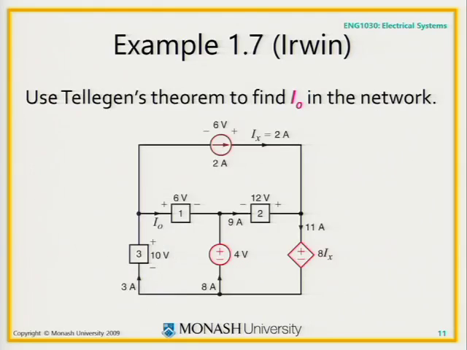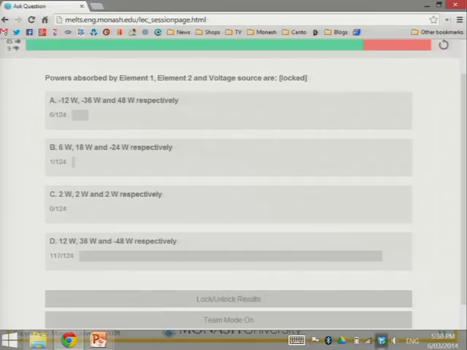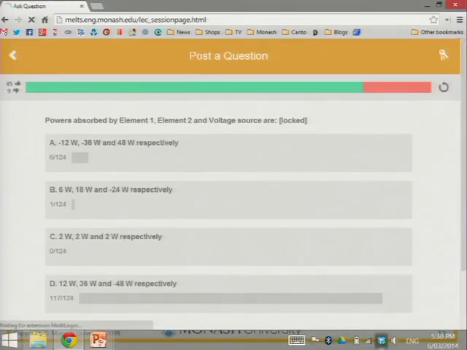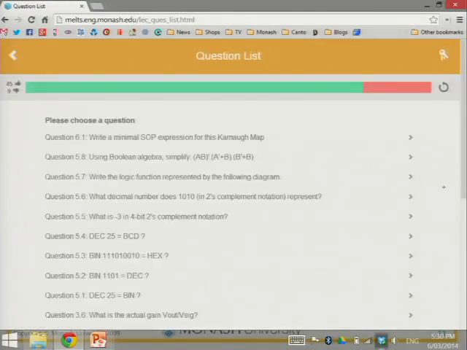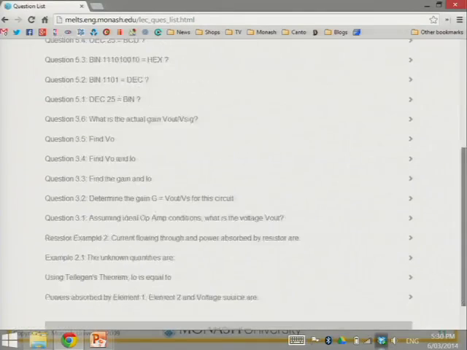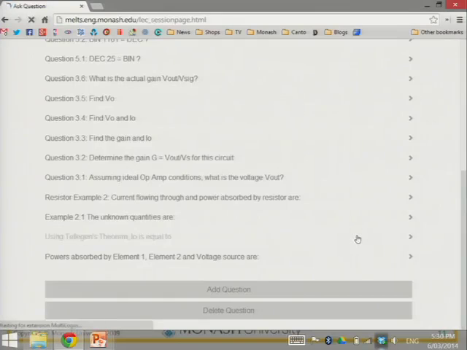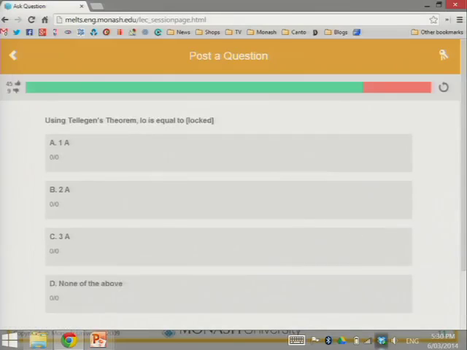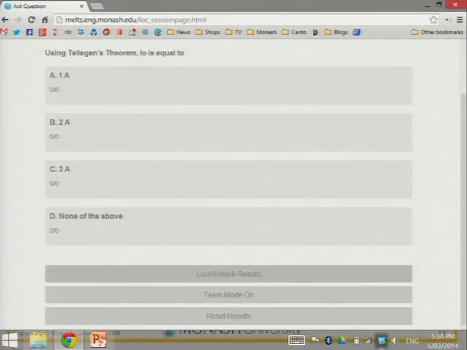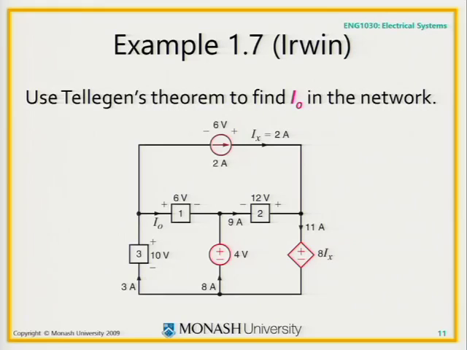So now here's our next MELTS example. So this will take a couple of minutes for you. And it's basically, you've got it in your notes if you printed them out. Work out what IO is using Tellegen's theorem. Okay, so have a go. So remember Tellegen's theorem? Work out all the powers that each element is absorbing or supplying.